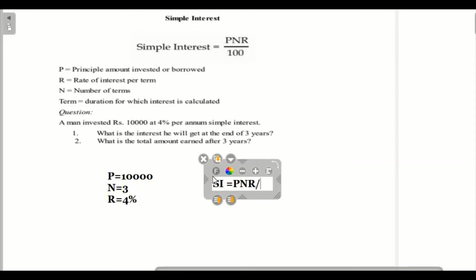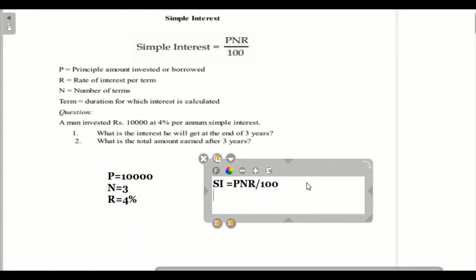PNR by 100. So here we have the solution, that is SI equal to, the value of P is 10,000 into, the value of N is 3 years, into R, which is 4, by 100.